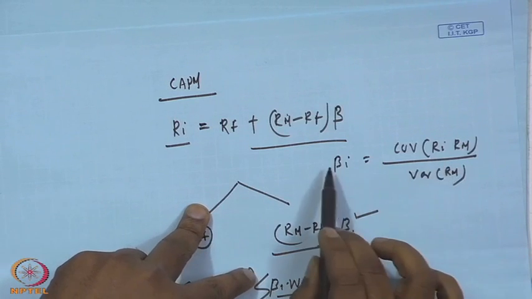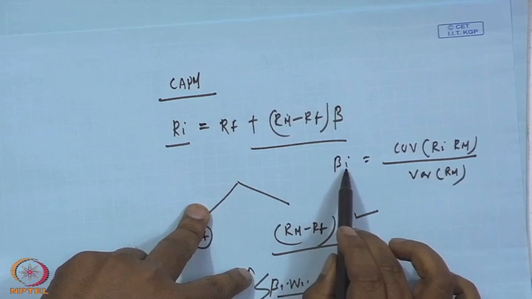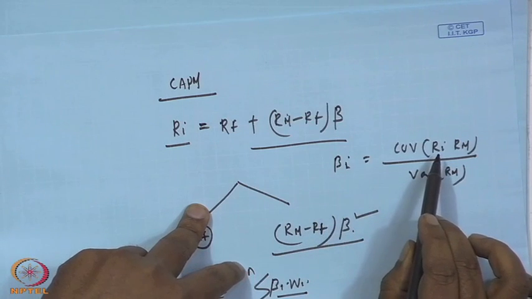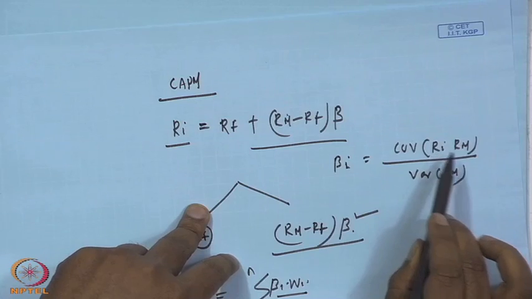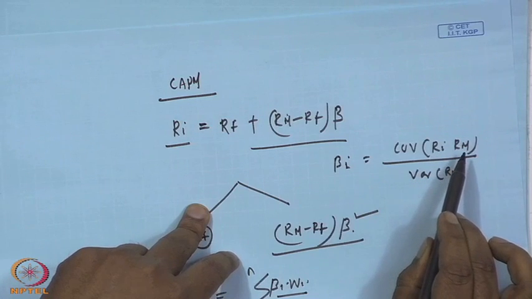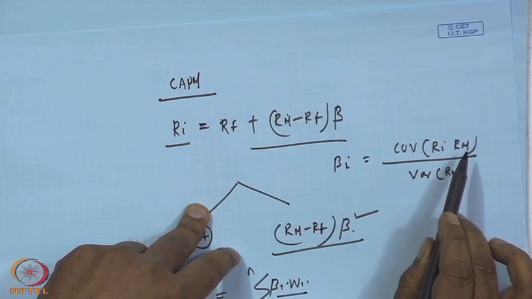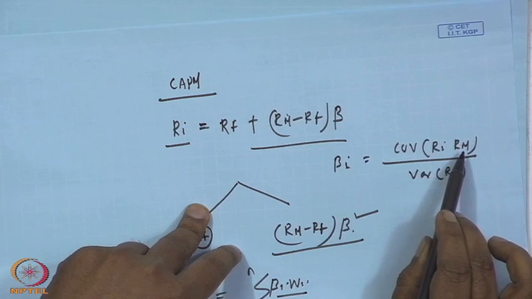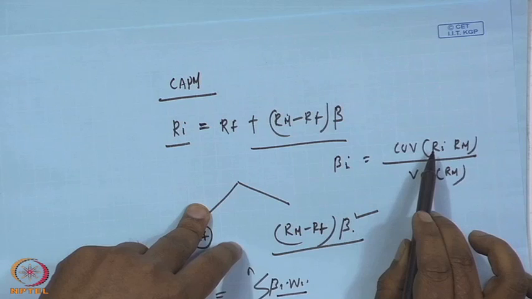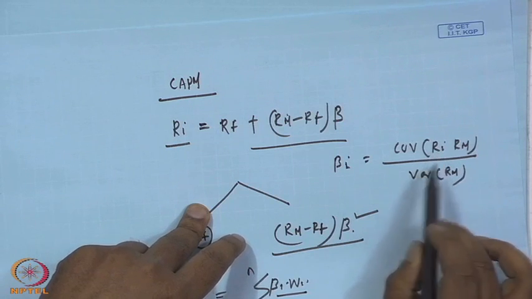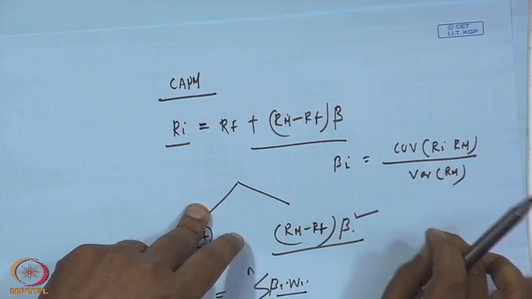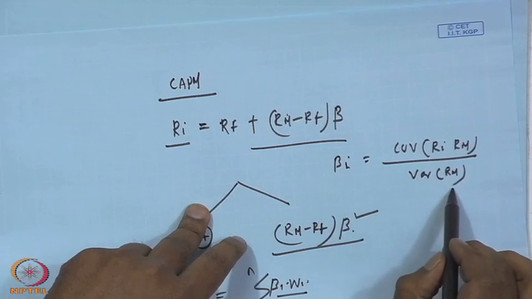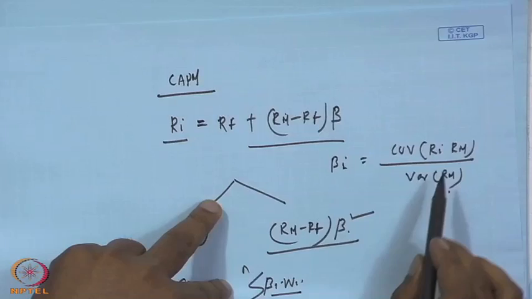Suppose our equity asset is I, then the covariance of the return of equity I with the market return RM. In India, suppose the market is NSE and the equity is Reliance company shares: the covariance between the two returns, divided by the variance of the market, gives us the beta of the company.